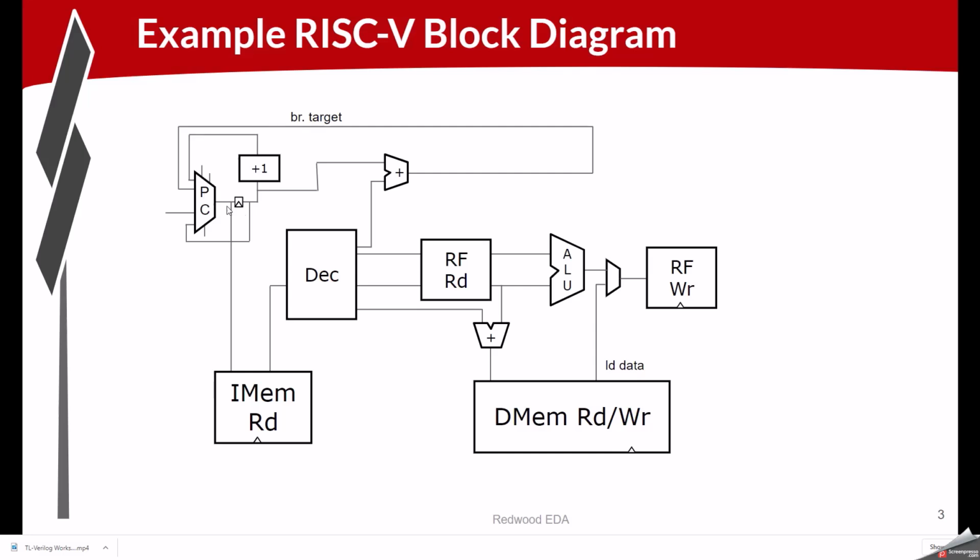Most instructions are arithmetic instructions or other instructions that are operating on source registers. So we do a register file read of those two source registers. So far we've looked at arrays or memories that access one value at a time.